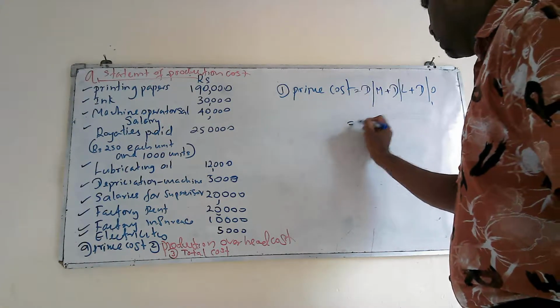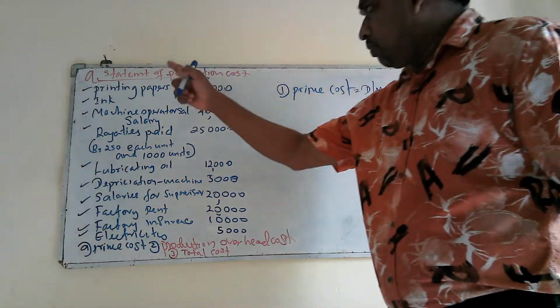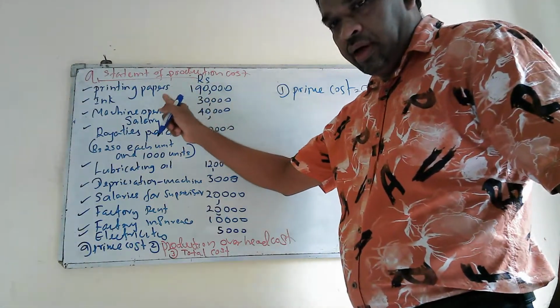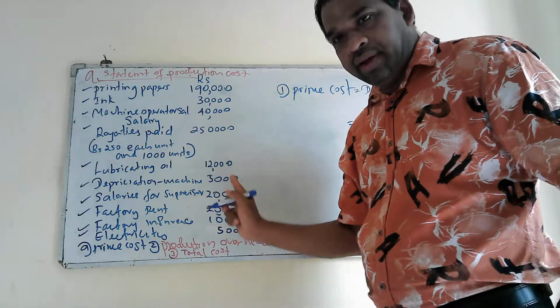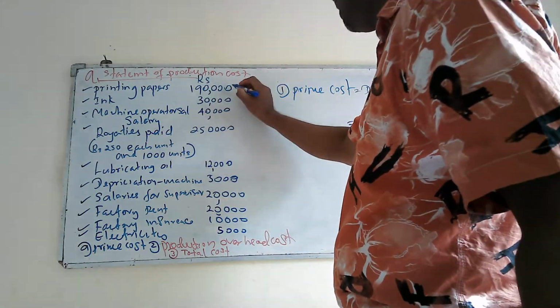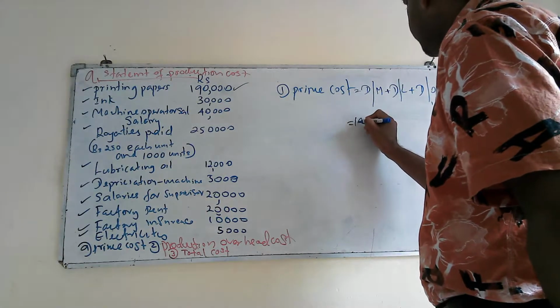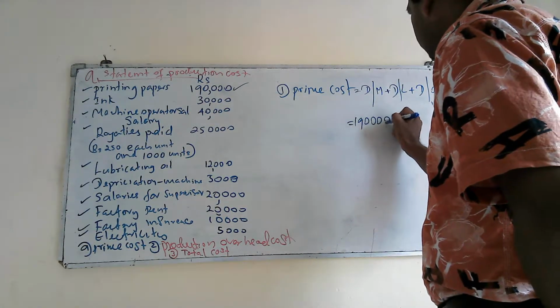Here, if this information is related to a book printing company, therefore printing papers will be direct material. That is 190,000.